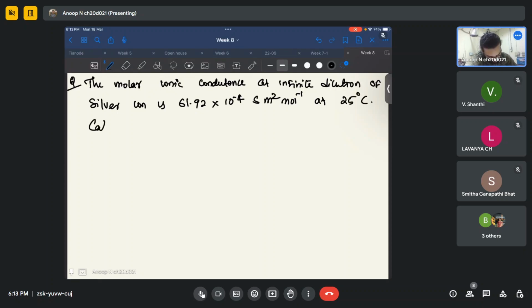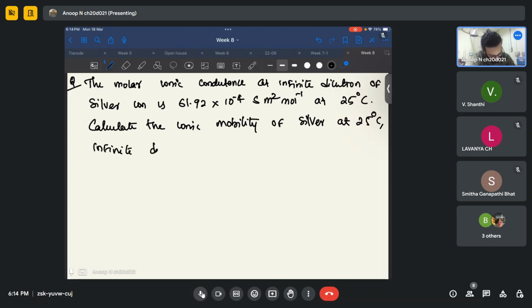So calculate the ionic mobility of silver at 25 degrees centigrade, infinite dilution.